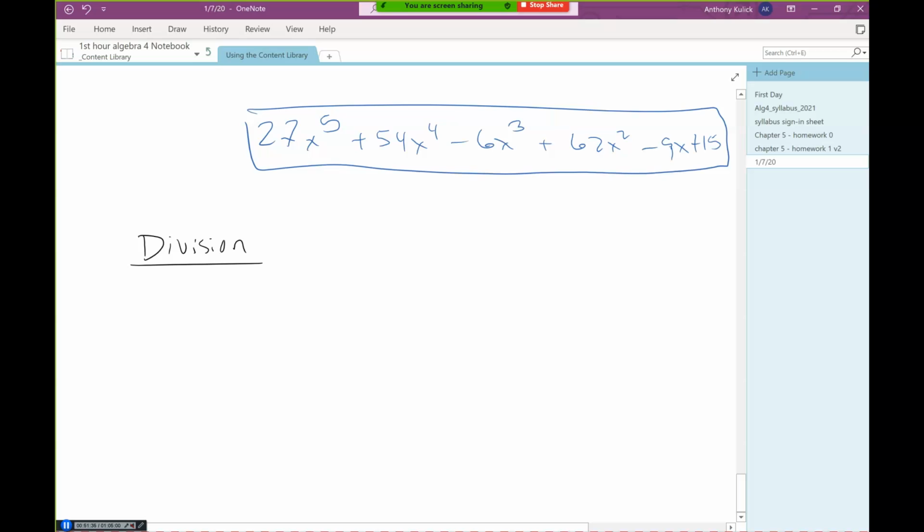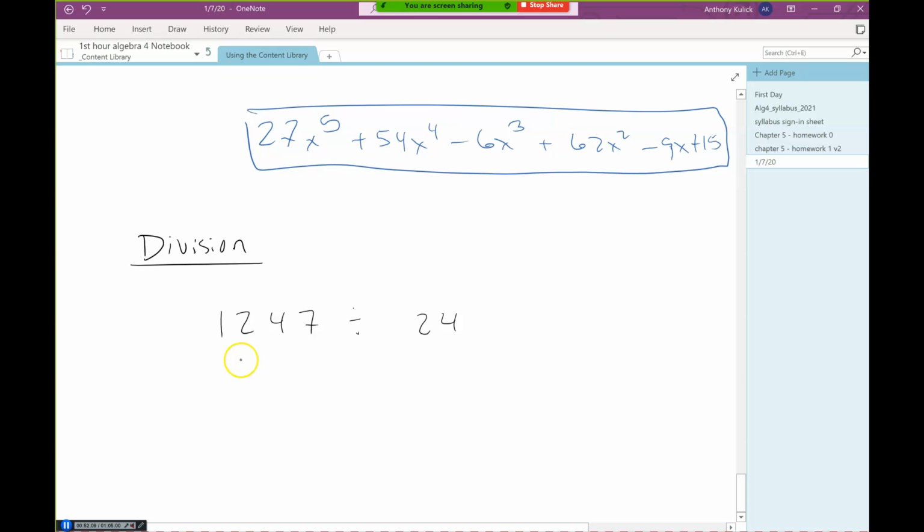To get us ready to do this polynomial division, I'm going to go back and review how to do regular old long division that you would have done in elementary or middle school, because it's the same basic idea. So let's say we wanted to do 1,247 divided by 24. This looks like the kind of problem you might have had to do in middle or late elementary school.